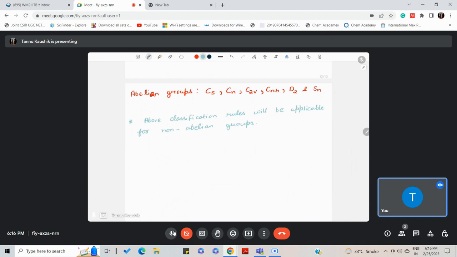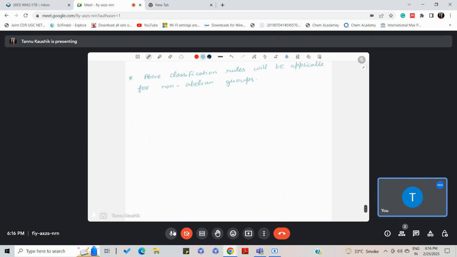So now let us take examples of each type of group and see how we can classify the symmetry operations for each point group. So let us start with the CS point group. It has two operations, that is identity element E and sigma, that is one reflection, one plane of symmetry.